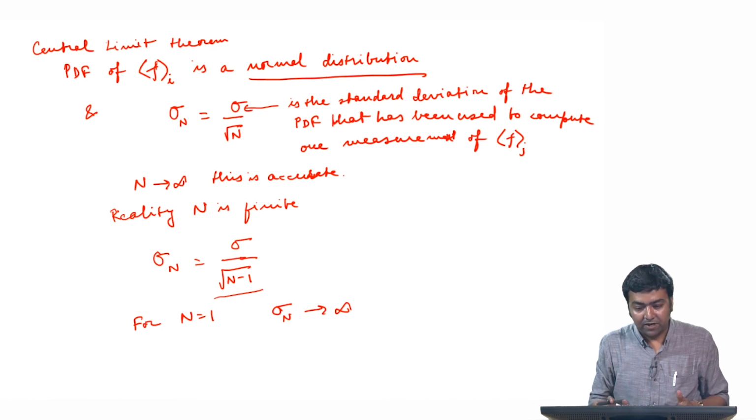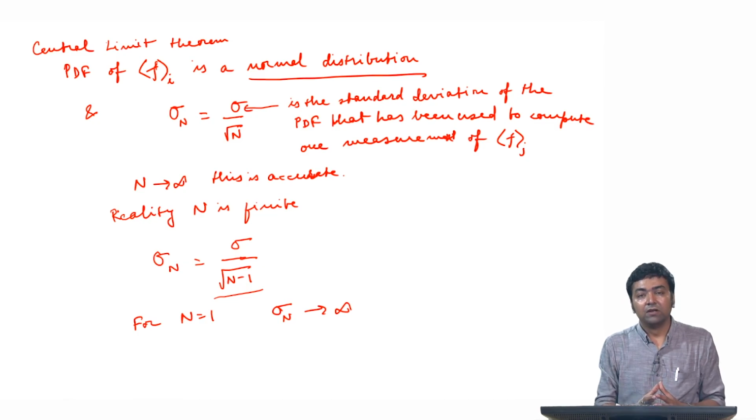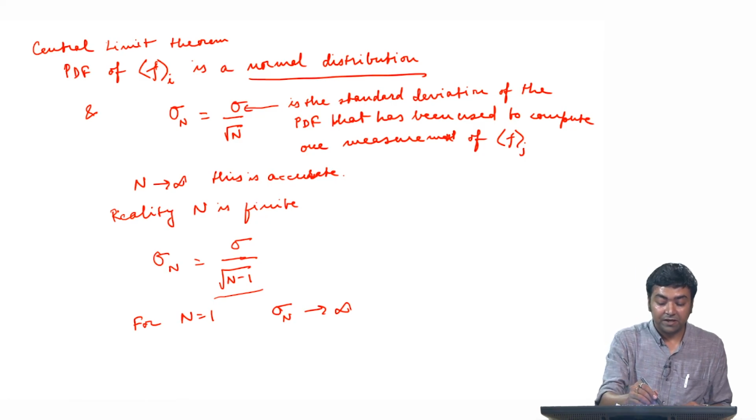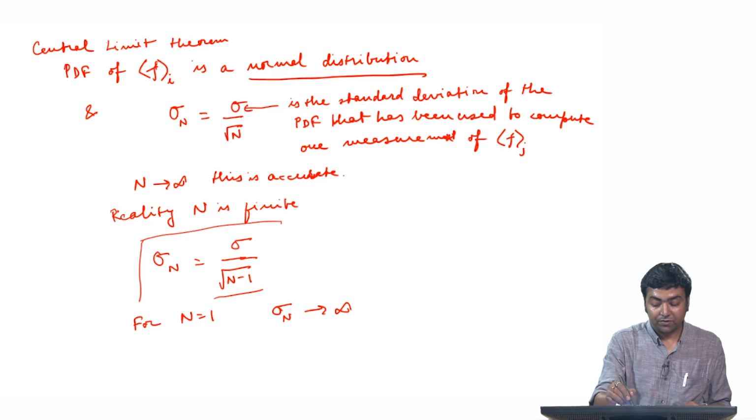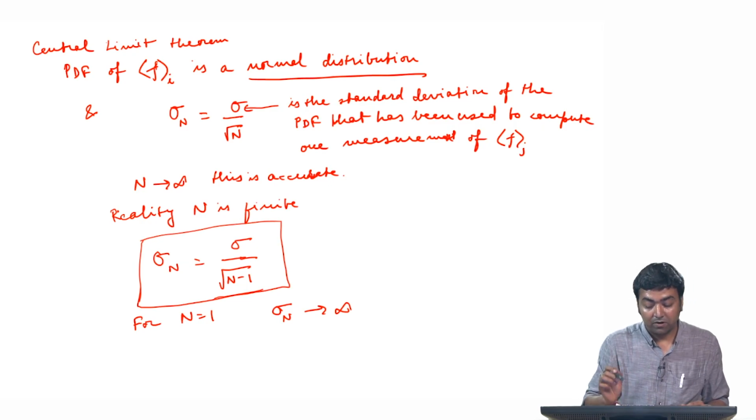So far, we have seen in a brief way how one does integration in multiple dimensions using the Monte Carlo integration method, which is a stochastic method, and we have also seen how the error scales. The error scales as a function of the square root of n.